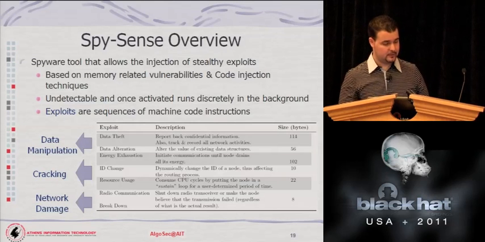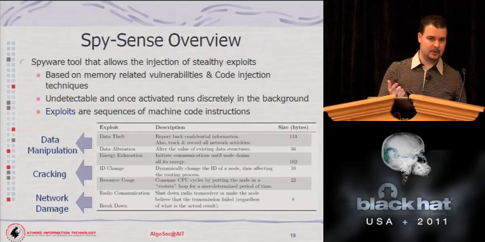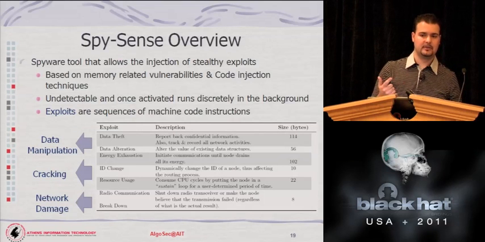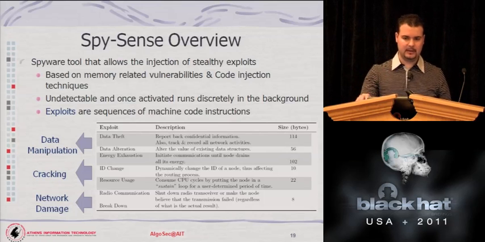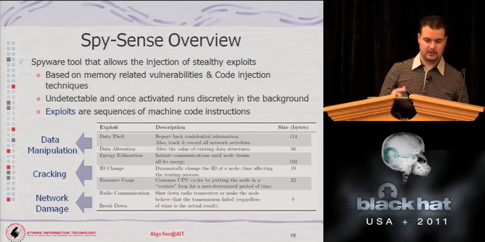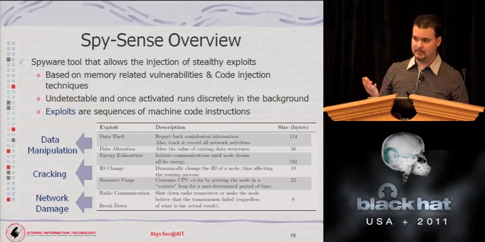Especially for this exploit, once performed, you cannot reset the node on the fly by sending a message. You have to go there physically and push the reset button. So it's pretty difficult, especially if you deployed it in environments that cannot be accessed by humans.